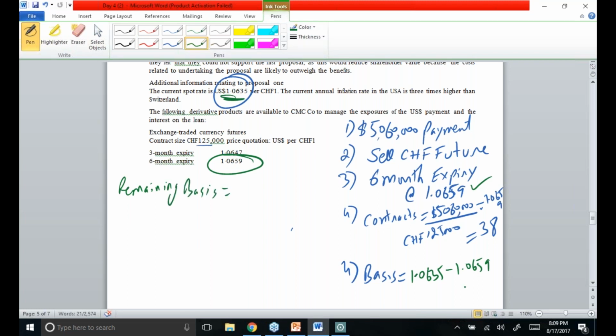The difference between these two is 0.0024 over 6, because the total difference is for 6 months.